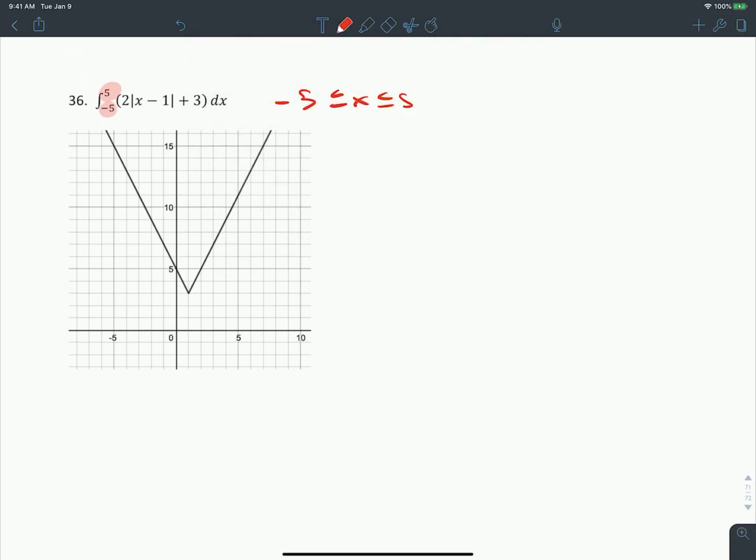And so if we take a look, all the area under this curve is positive.